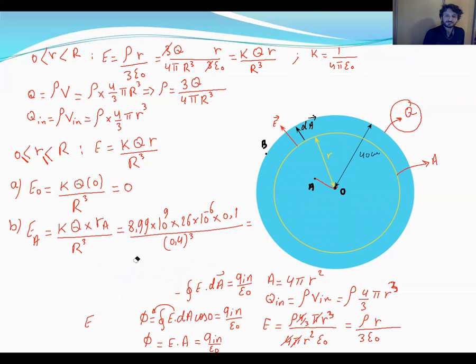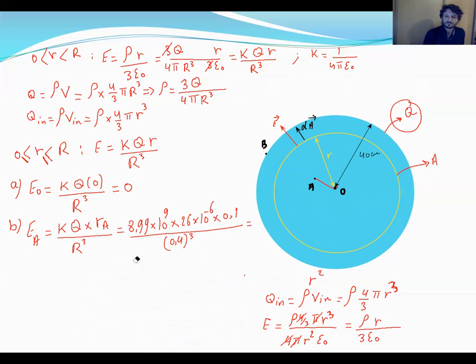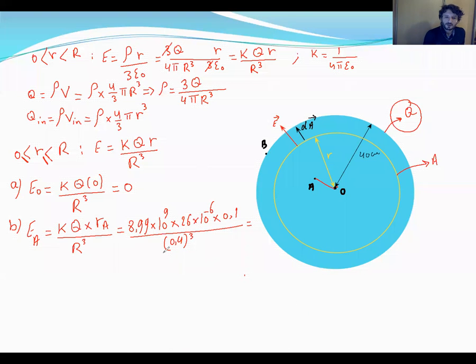Okay, let's clean. We get EA equals 365 times 10 power 3 Newton per Coulomb.